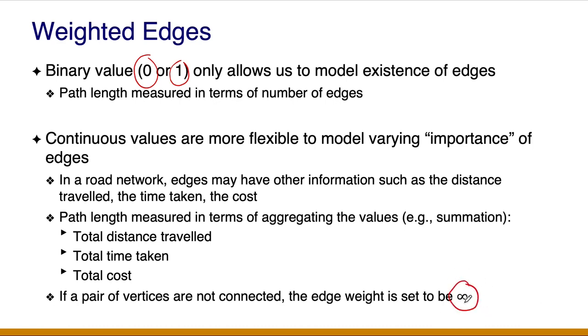This is the mathematical symbol for infinity, to illustrate that theoretically they're connected, but the weight is so high you will never want to traverse it. That's our modified way of representing the fact that two vertices are not connected.